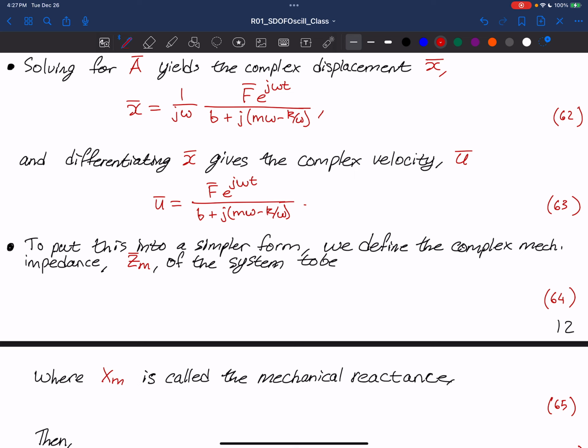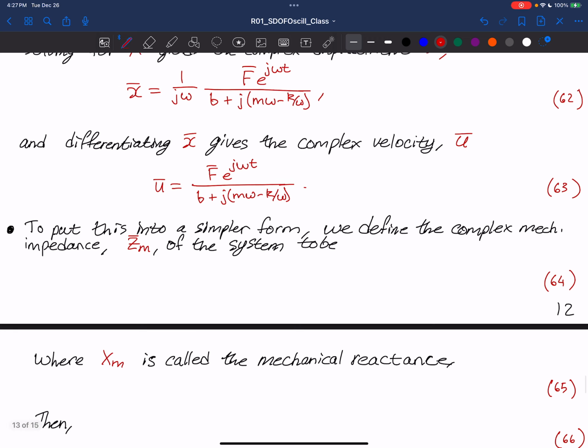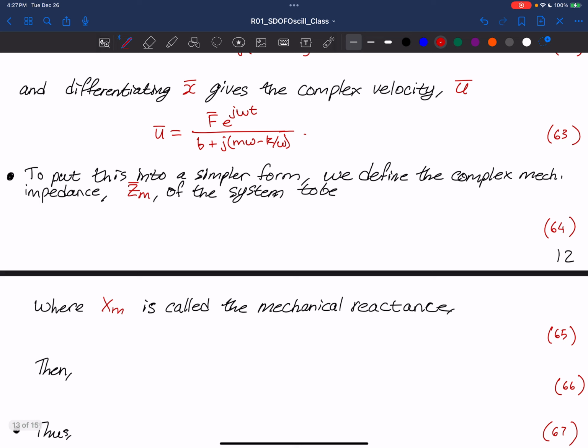We're going to work now to put this into a simpler form, and we're going to define the complex mechanical impedance to do that. With that being said, the complex mechanical impedance Z bar sub m will be equal to some real part, which in this case is actually just b, plus j times big X sub m.